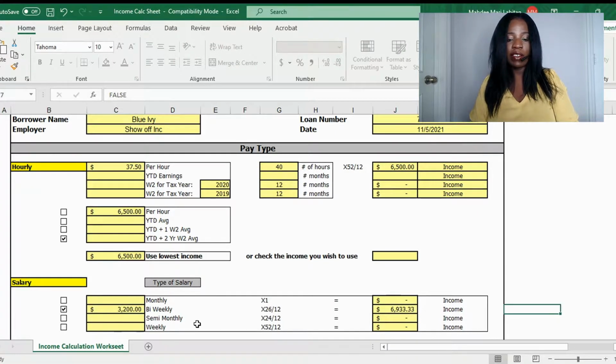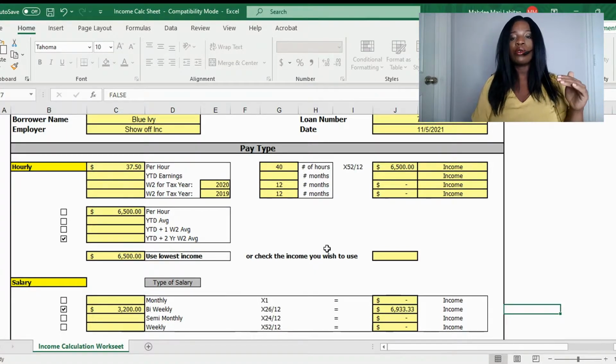But if we have a VOE, or if we know that our borrower is a regular 40-hour a week, 80-hour pay period borrower, even though maybe their pay stub is showing a little more from time to time, we always want to use the most conservative and consistent number. So tried and true, he gets paid $37.50 per hour. Tried and true, 40 hours a week. We're going to utilize this most conservative number.